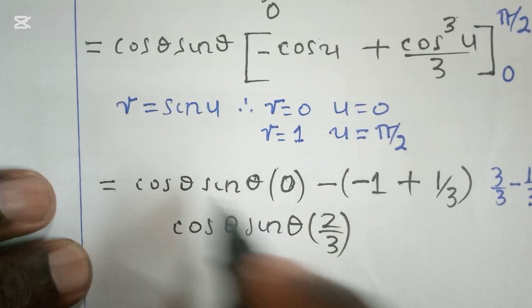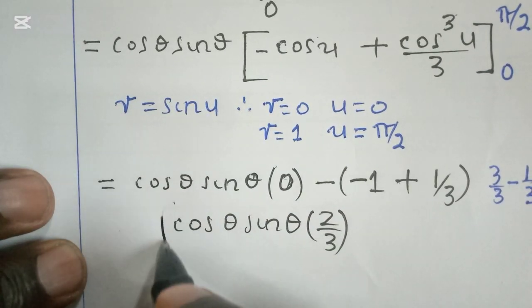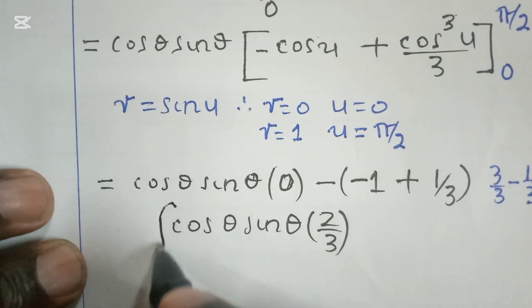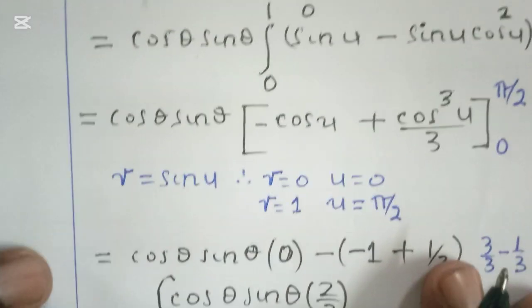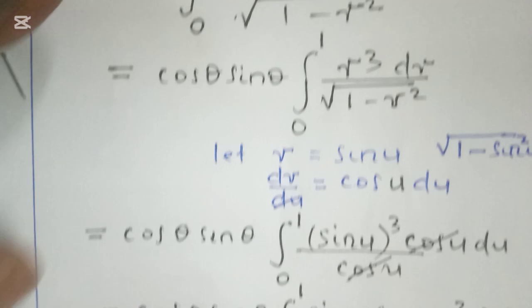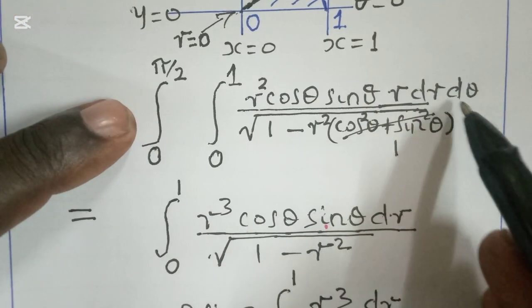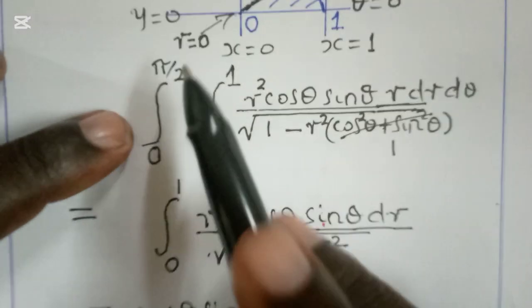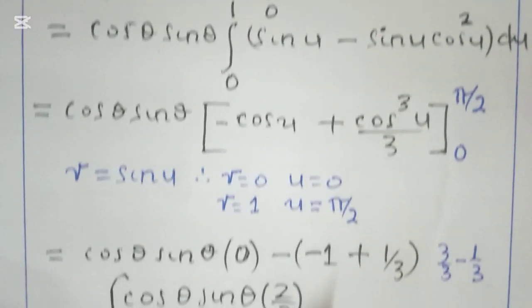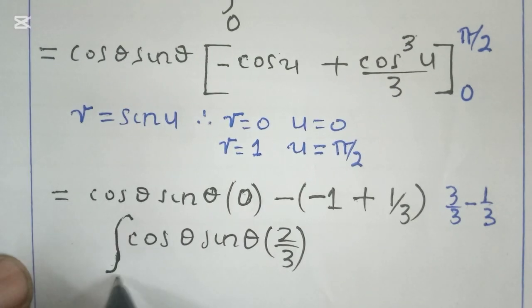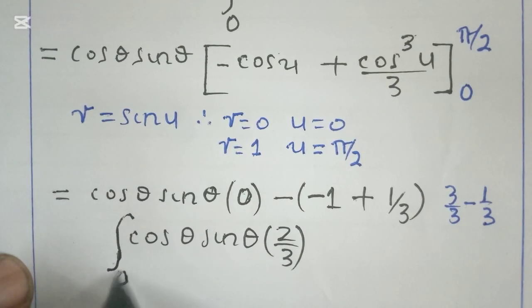Now we integrate that with respect to d theta. As we have seen here, we do it now with respect to d theta. This is the d theta from 0 to pi over 2. So that's exactly what we are going to do here, from 0 to pi over 2.